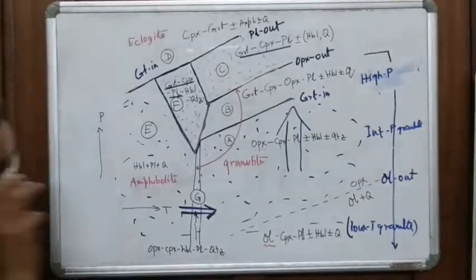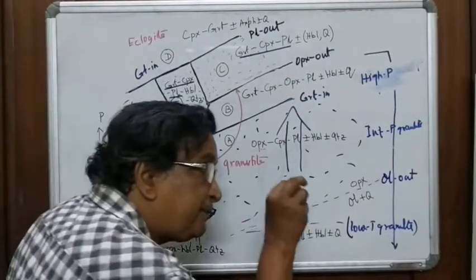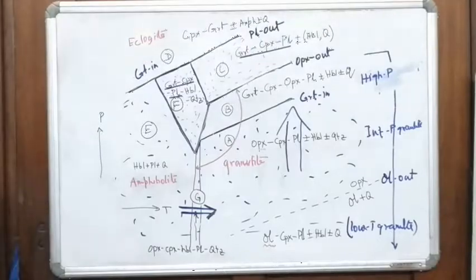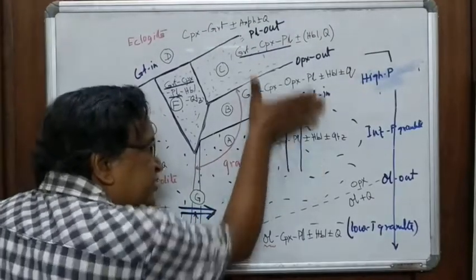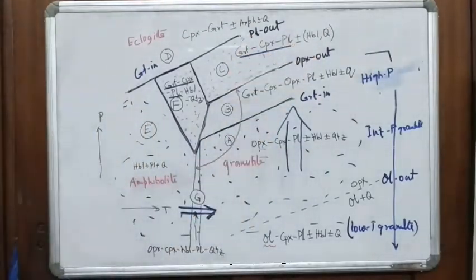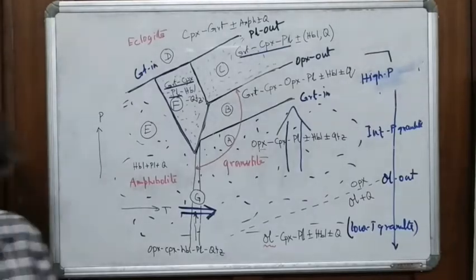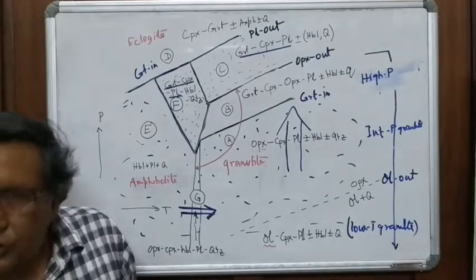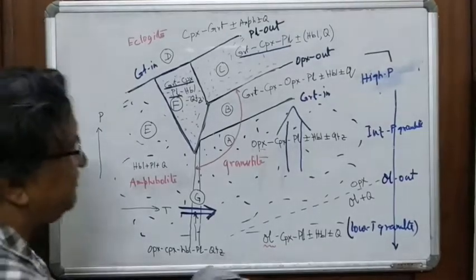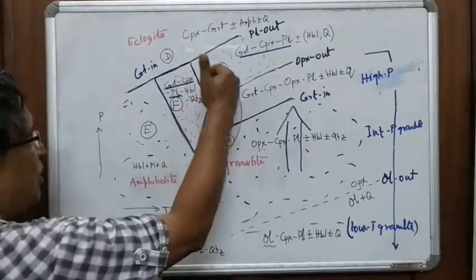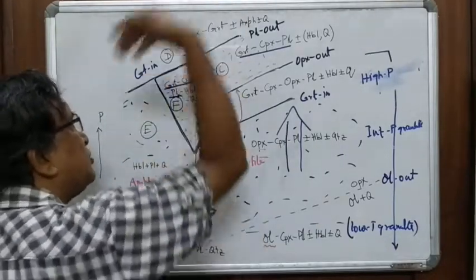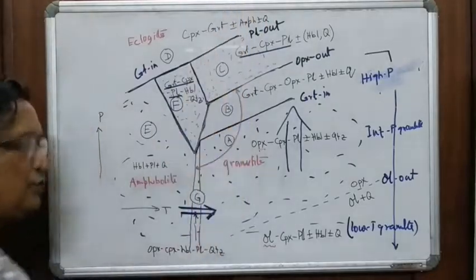Now we are talking of garnet producing reactions. So we are going from intermediate pressure to high pressure garnets, from garnet absent granulites to garnet bearing granulites. That's what we are doing. And later on we will go into orthopyroxene out, plagioclase out reactions.